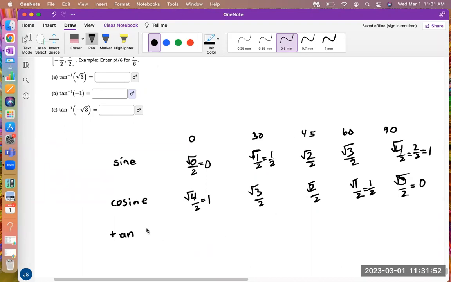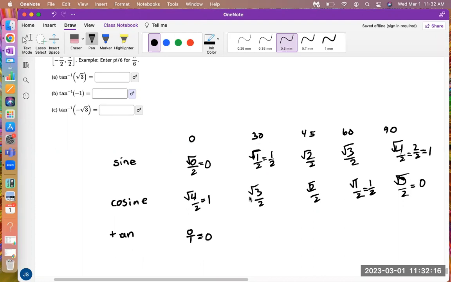Now let's fill out tangent. Tangent is always sine over cosine. So tangent of 0 is 0 divided by 1, which is just 0, which makes sense because a line is flat and has no slope at 0 degrees.